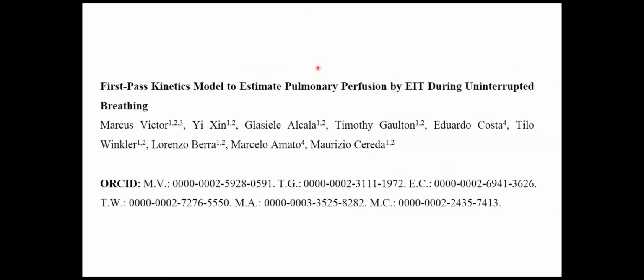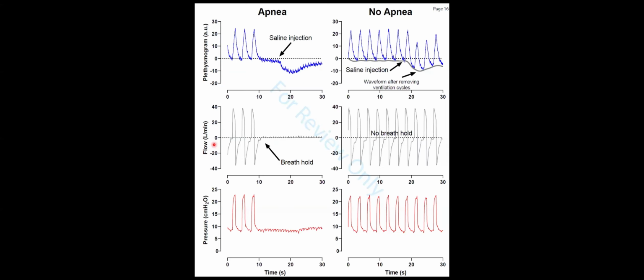Also, in this particular paper, Marcos and Mauricio Cereda are testing the idea of analyzing perfusion without performing any inspiratory pause, which means something like this. This is the typical perfusion analysis using EIT.